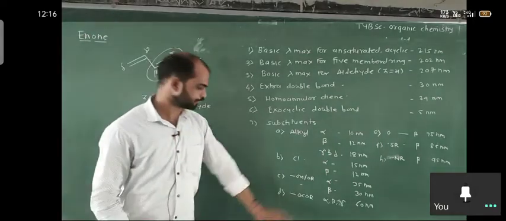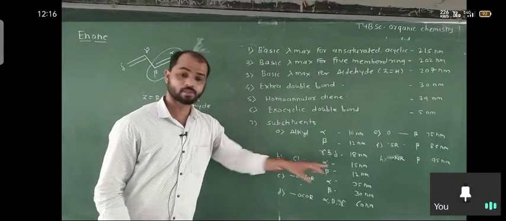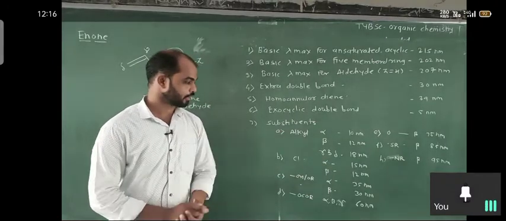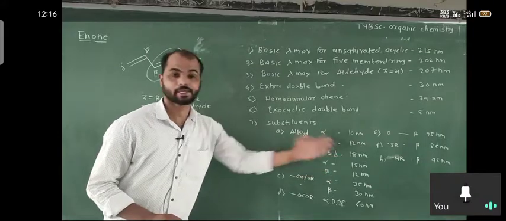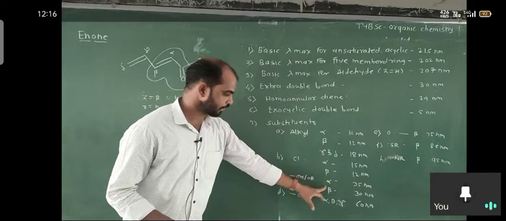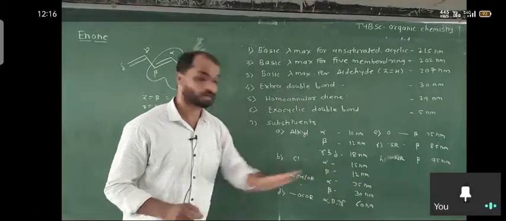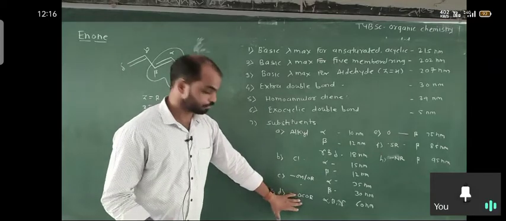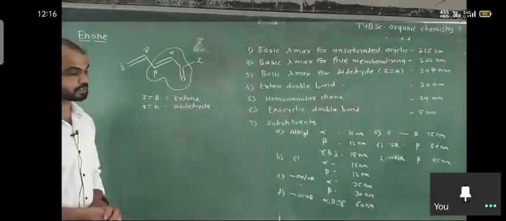Second, halogen. If halogen is present on alpha position, their value is 15 nanometer. If Cl is present on beta position, then take a value 12 nanometer. Okay. OH, OR, alpha, beta. For alpha there is 35 nanometer. For beta there is 30 nanometer. Then ester group, which is present on alpha, beta, or gamma position, take their value as 60 nanometer.